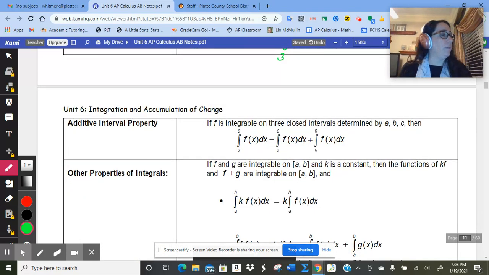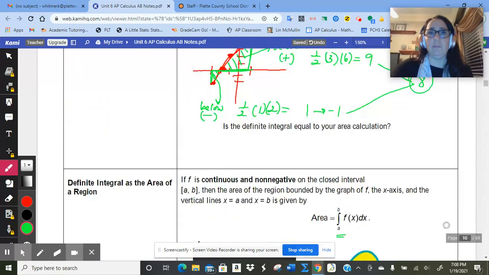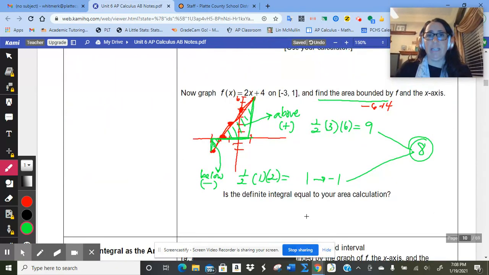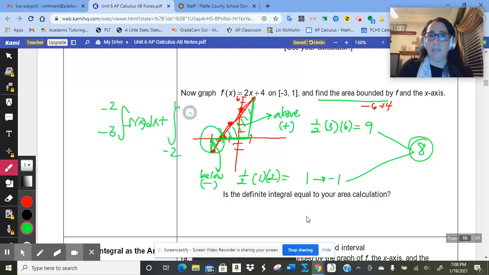The other really cool thing that I like using is this one right here. Let's say I went from 2 to 5 again, and let's say I didn't like going from 2 to 5 very much. Think about this one right here. I didn't like going from -3 to 1 very much. I liked going from -3 to -2, and then adding on from -2 until 1.